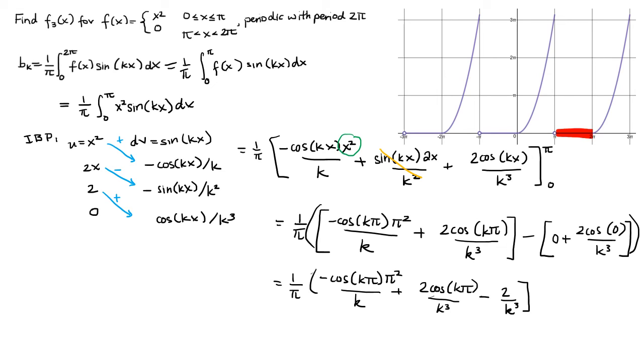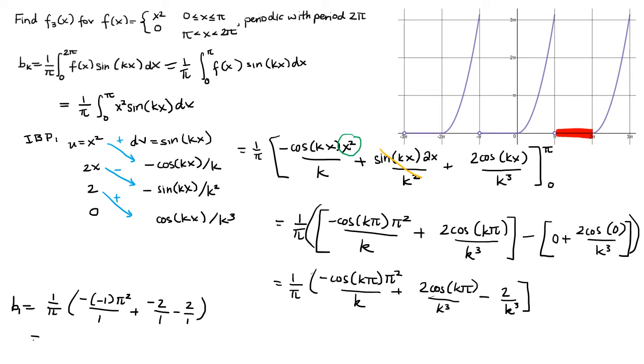Okay, and so for us we have that b1 is equal to 1 over pi times negative 1 times pi squared over 1 plus negative 2 over 1 minus 2 over 1.